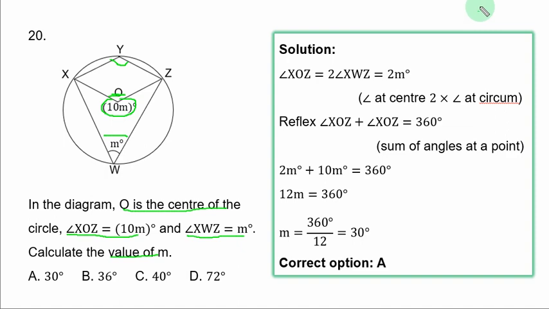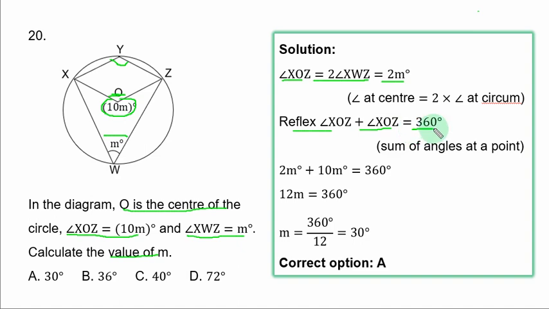Let us take one out of the two options. So we have angle SOZ is equal to 2 times angle SWZ. That is the obtuse angle now, equal to the other one, 2m degrees. The reason is that angle at center is 2 times angle at circumference. So you have the reflex angle SOZ. The reflex angle is 10m degrees plus the obtuse angle SOZ, that is 2m degrees.